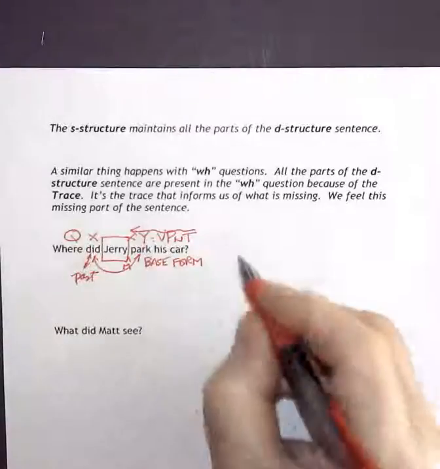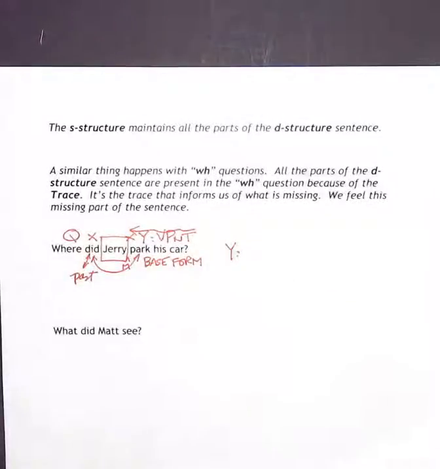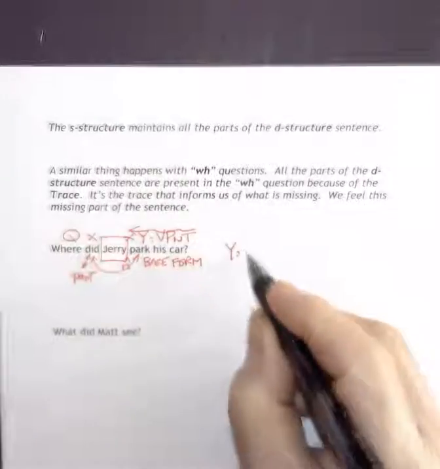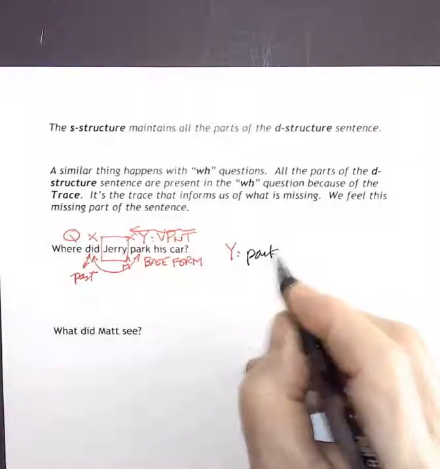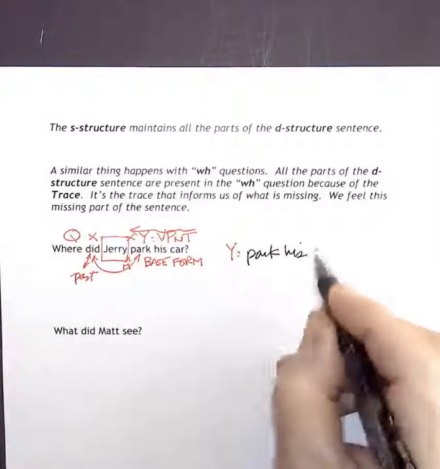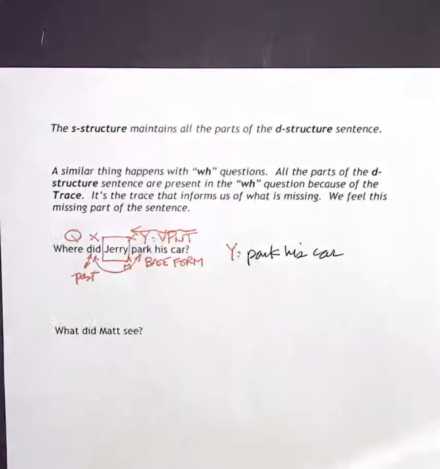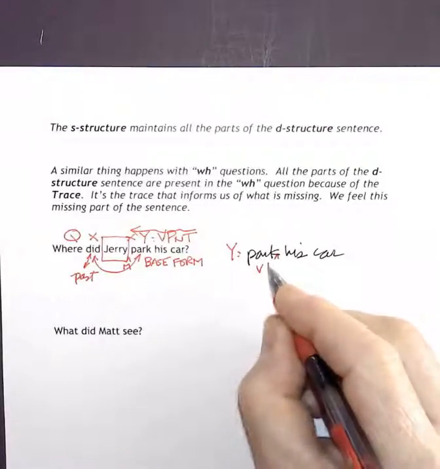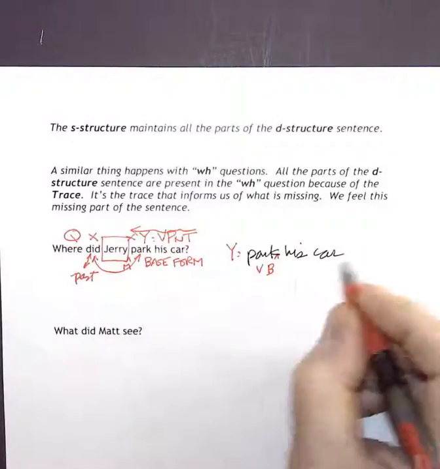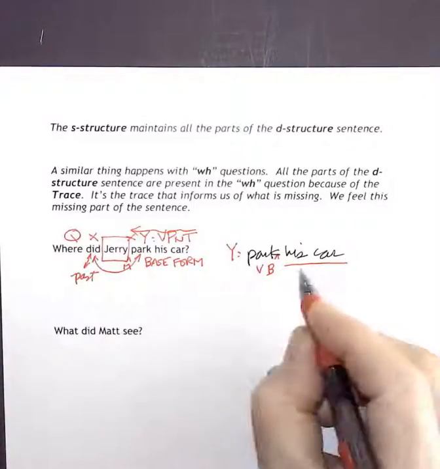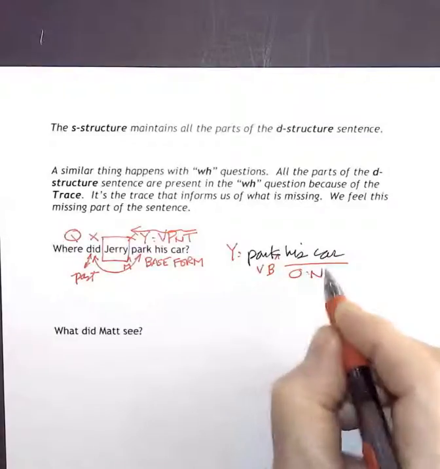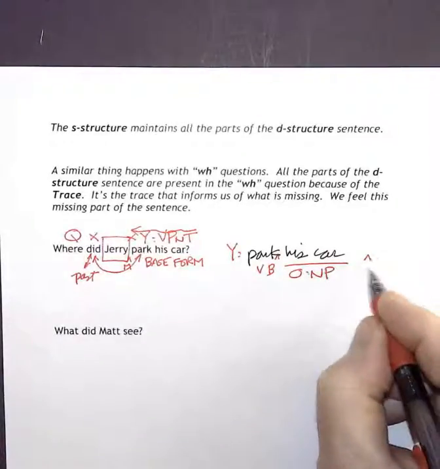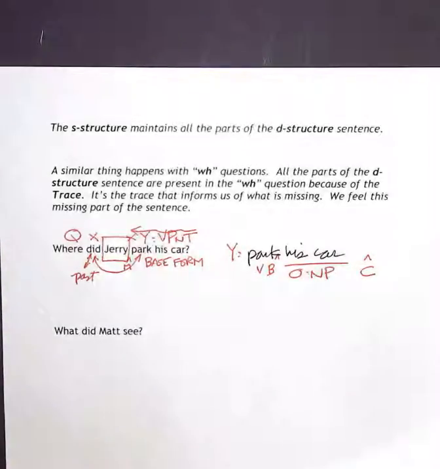Now, let's see how the Y looks. Park his car, and park is the verb. The particle place is empty. His car is the object, it's a noun phrase, and the complement looks like it's empty.